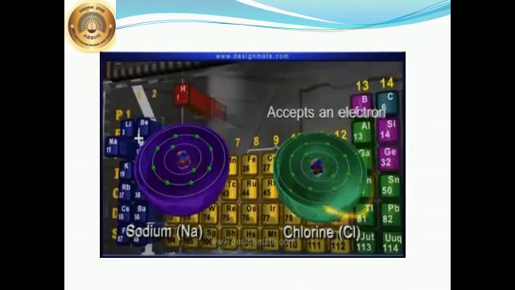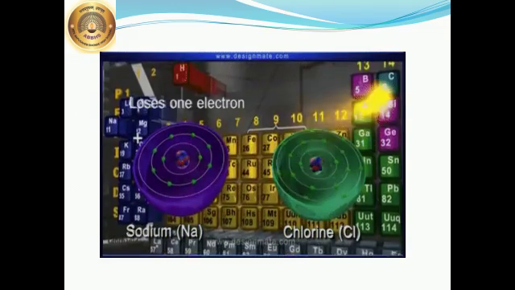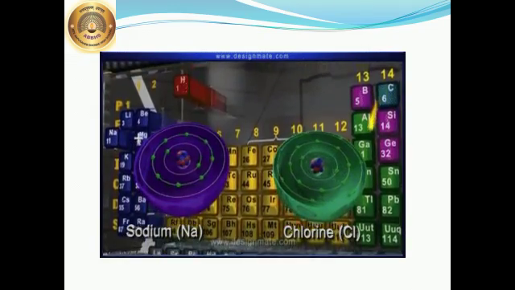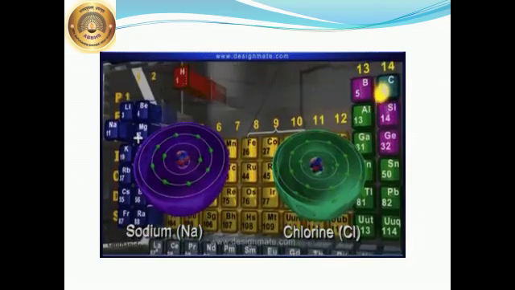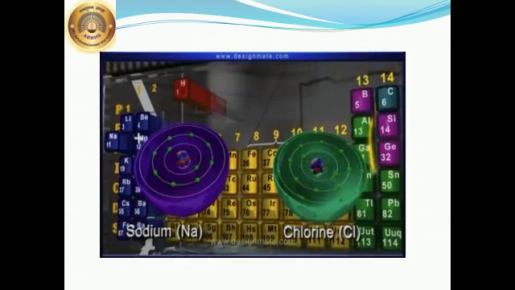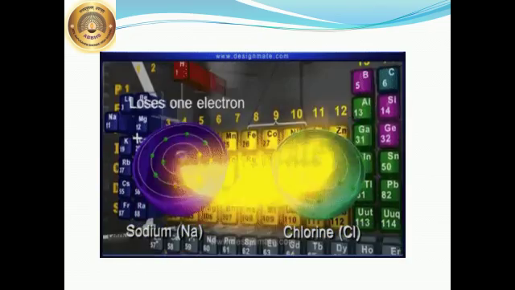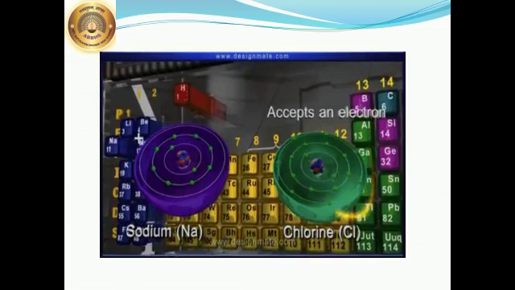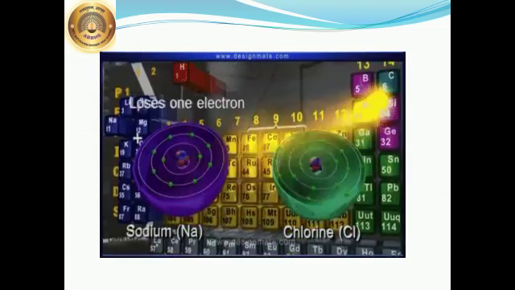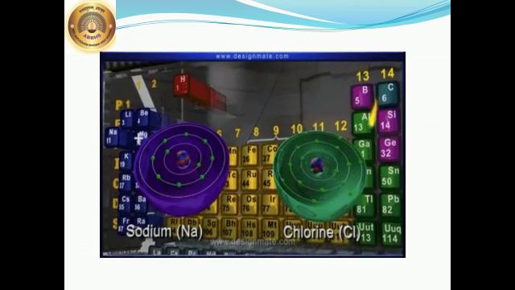Now, chlorine requires 1 electron to complete the octet, and sodium, when it gives 1 electron, will form a sodium ion. So, sodium is giving 1 electron to chlorine and chlorine is accepting 1 electron.